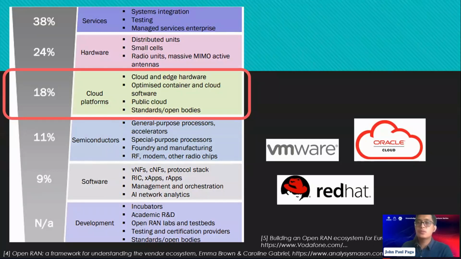If you attended one of the sessions we had, I think it was with Rakuten, they shared that the upgrade they did from 4G to 5G took only around 15 to 30 minutes. You have upgraded a cell site, so that is how fast you can provision a network.